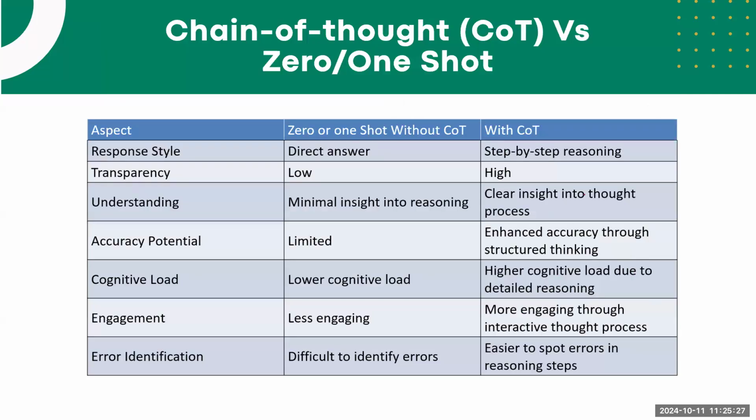So just to reiterate why you want to go this route and why you would like to see it. Zero-shot without the chain of thought gives direct answers, while the other shows you how it got to the answer.